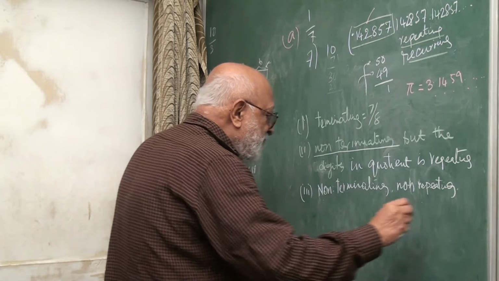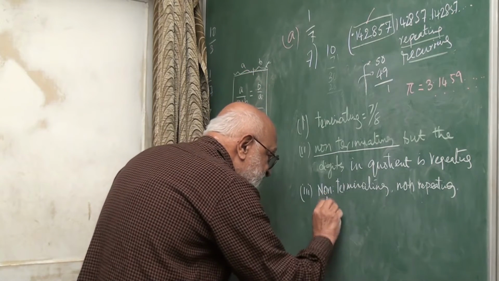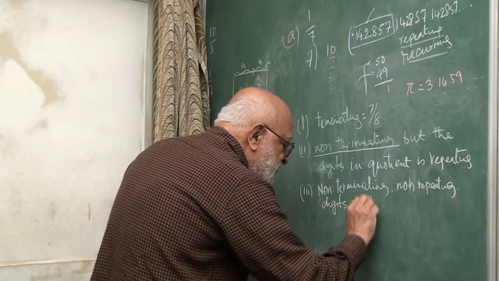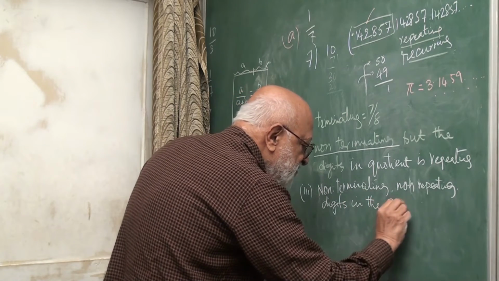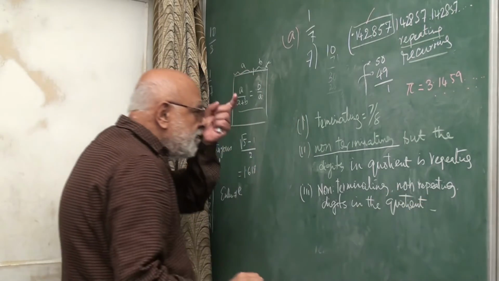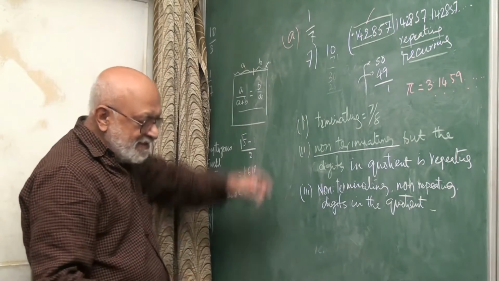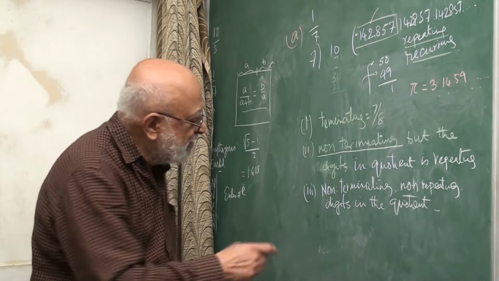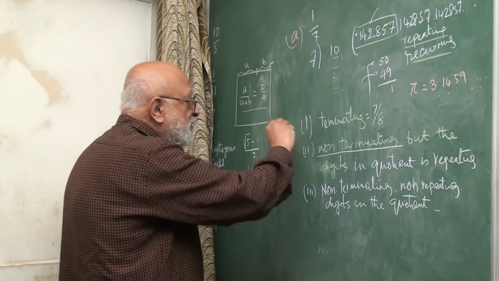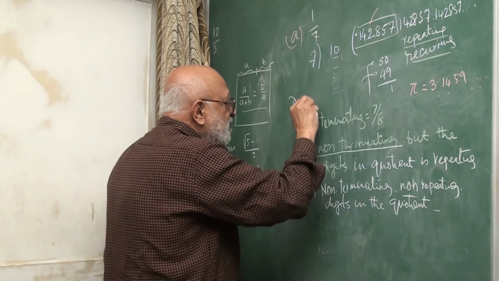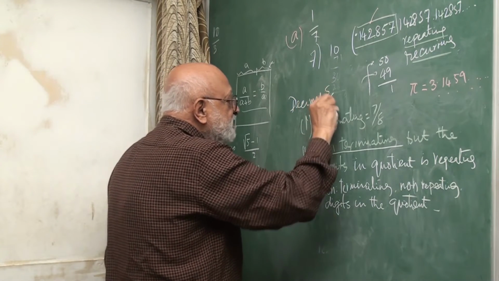Non-terminating, non-repeating digits in the quotient. So does it make sense? These are the decimal expansions.